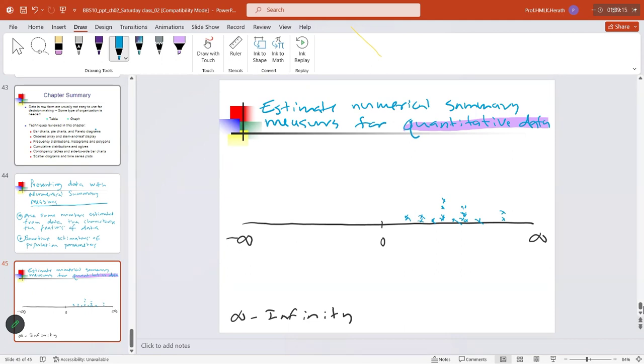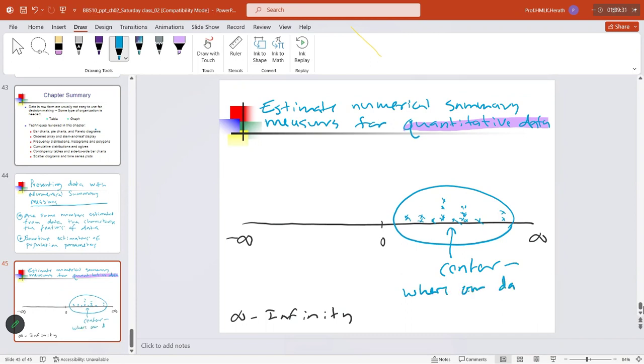Now, this is our data set. In this data set, we can talk about the center, where the data set is located on the real number line. And this area is the spread.